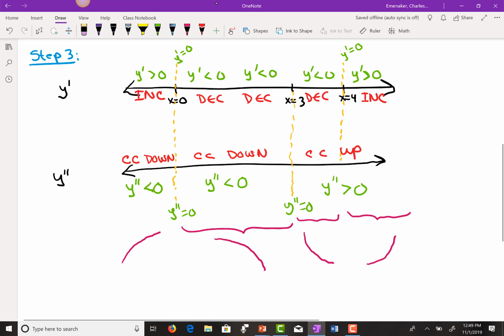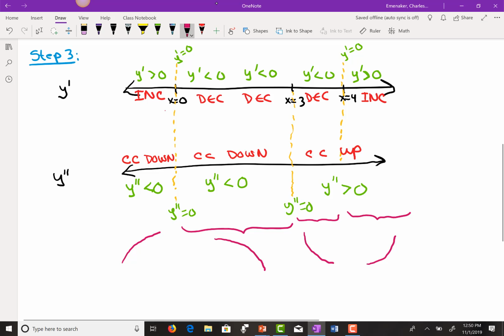Before I go any further, I want to check out this x equals 0, x equals 3, x equals 4. X equals 0. To the left it's increasing, to the right it's decreasing. X equals 0 is a what? It goes from increasing to decreasing. Close. It's a maximum. Okay, it's going to be a maximum.